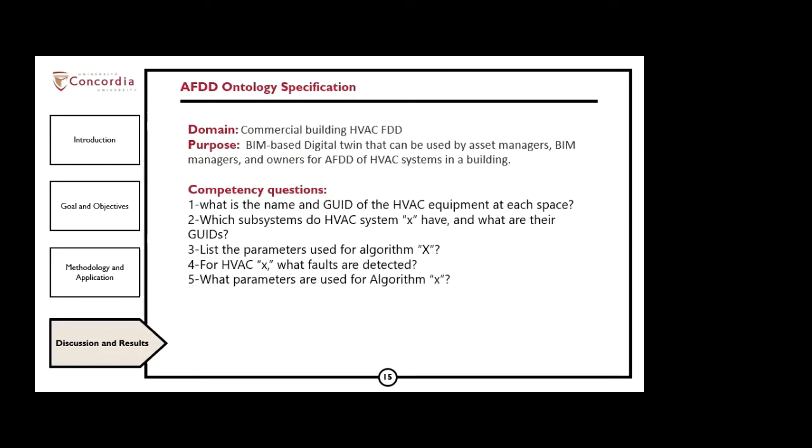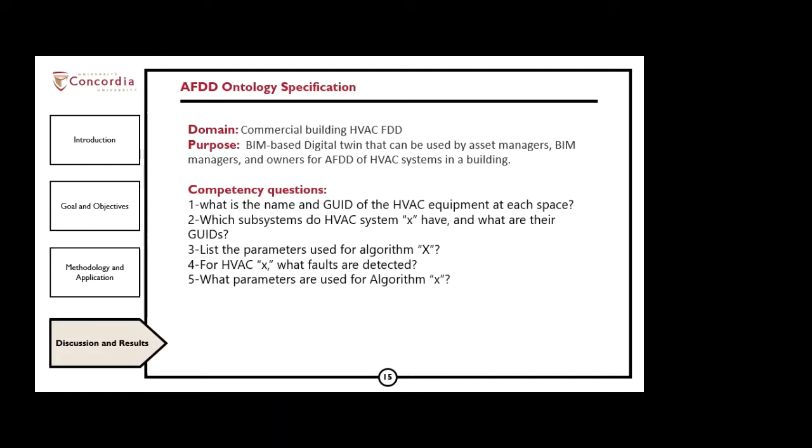So, the specification of the ontology: first of all, the AFDD ontology only looks at commercial buildings' HVAC. The purpose of it is to create a digital twin for the HVAC that can allow users to reuse and create new FDD models for their existing buildings or a similar portfolio of assets that they might have.